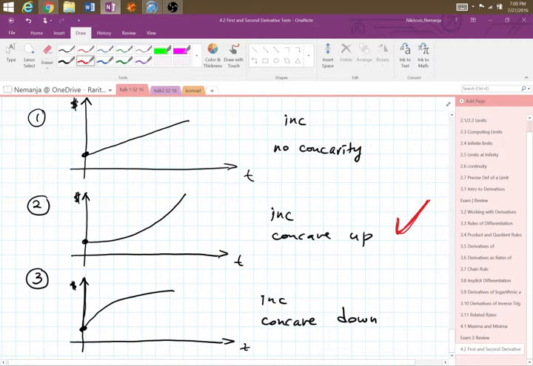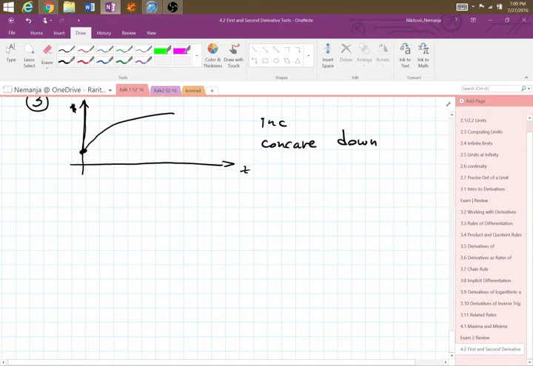The procedure for the second derivative test is identical to the first derivative test. It just detects a different thing. So the second derivative test: the second derivative of x equals 0 will give us x equals some number a, called the inflection point.